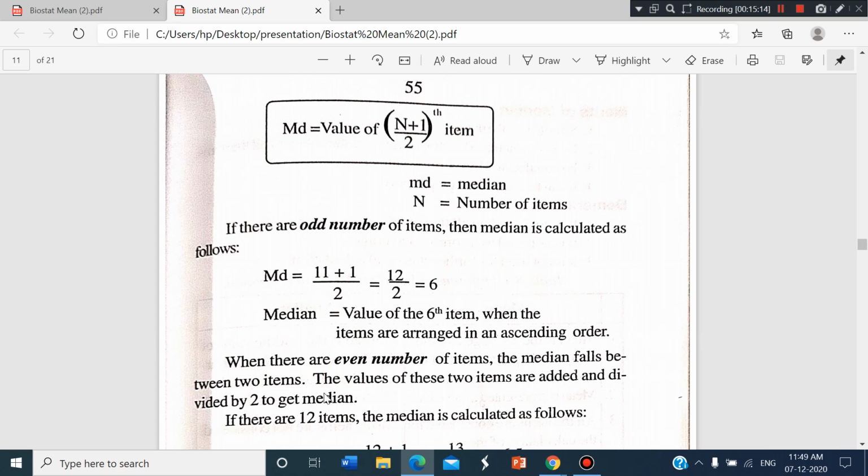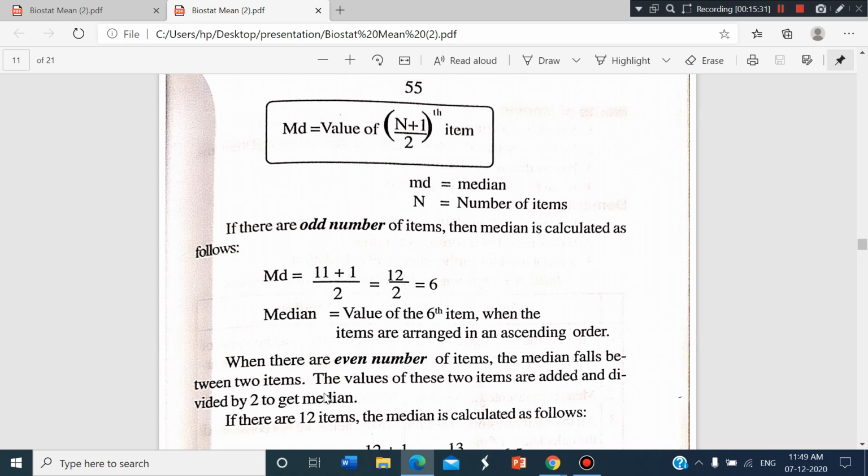Suppose there are an odd number of items, say 11. The formula is MD equal to (n plus 1) divided by 2 th item.